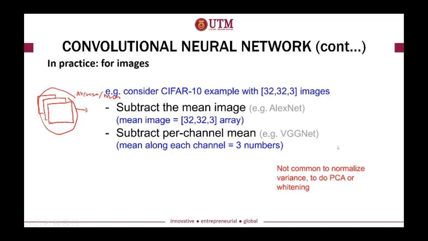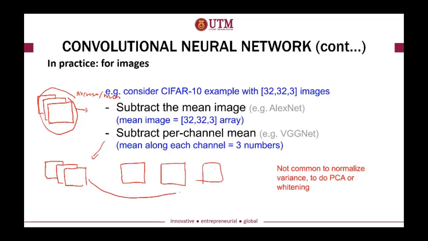It depends on the channel. What is the meaning of that? Again, for VGGNet the input is also RGB, but I forget the size. With this RGB, you have 3 layers, or 3 channels. But the difference between AlexNet normalization and VGGNet is that VGGNet separates this RGB into 3 different channels, or 3 different matrices.